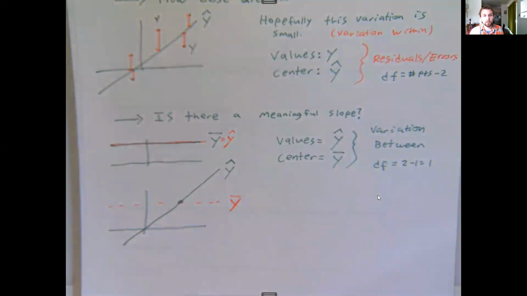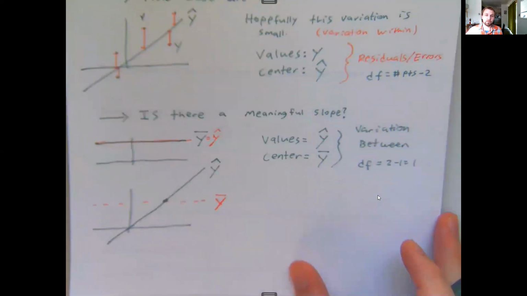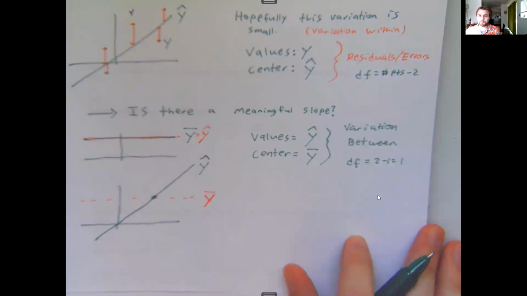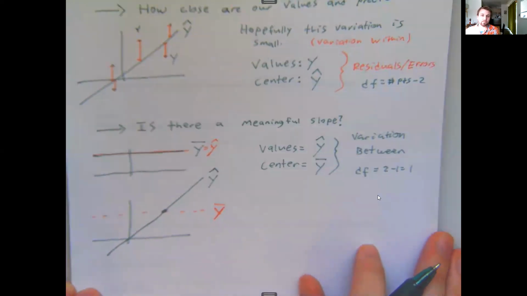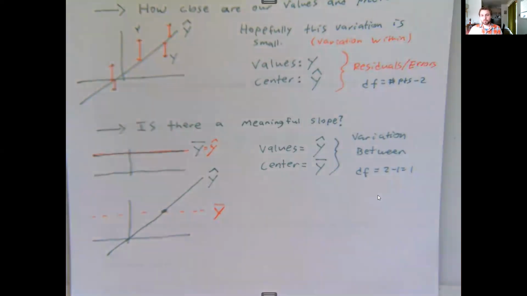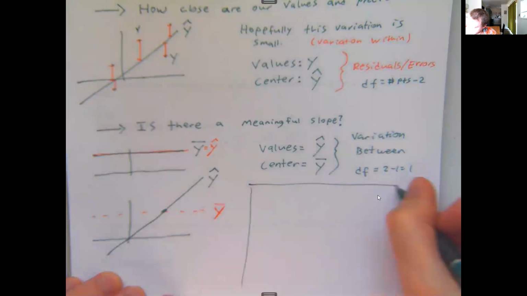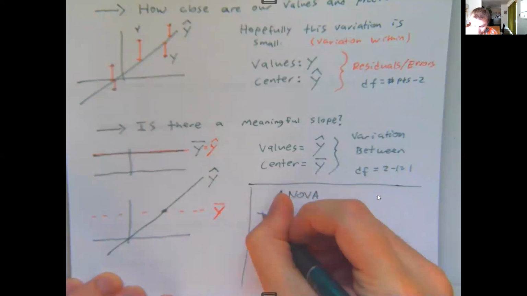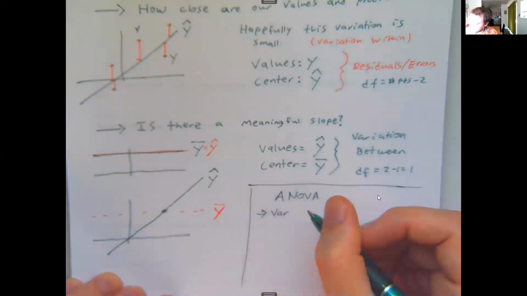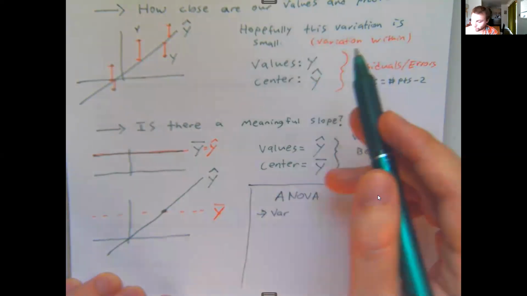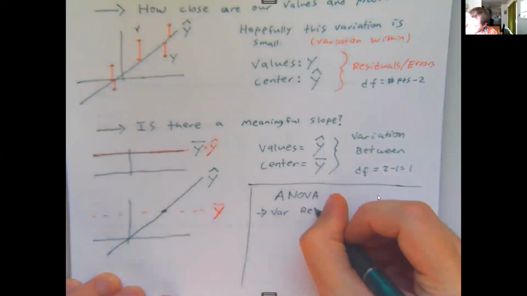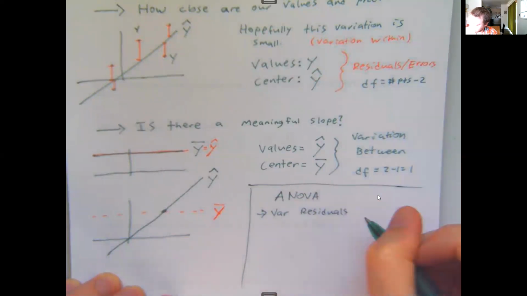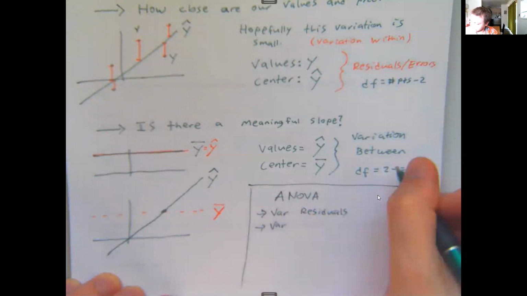I'm going to talk about just one more element, and then I'm going to really play around with these ideas in the abstract here. But already I'm seeing a variation within and a variation between. I have this gut feeling that this looks like ANOVA now. And the reason why I think this looks like ANOVA is I have a variation from all of these residuals, and I have the variation from the line itself.